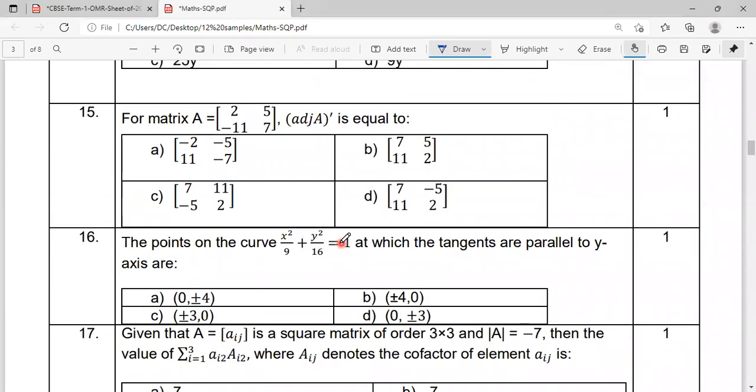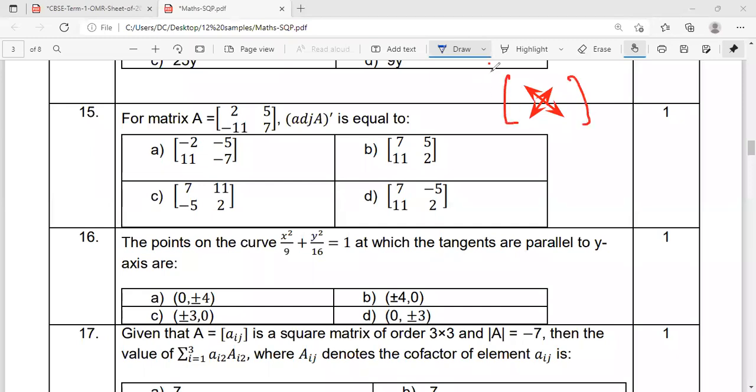Now the other one is, if A is this, then adjoint of A transpose is equal to. So how do we find the adjoint of A for matrices of order 2 into 2? We have this kind of matrix where we have to find the adjoint.